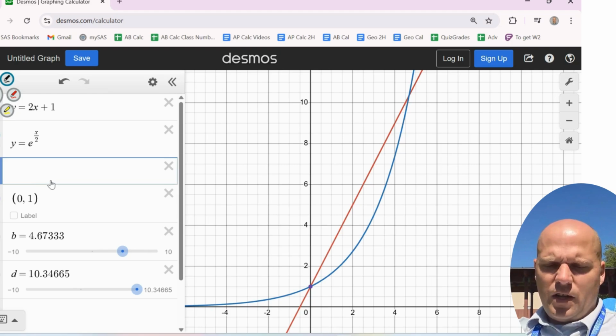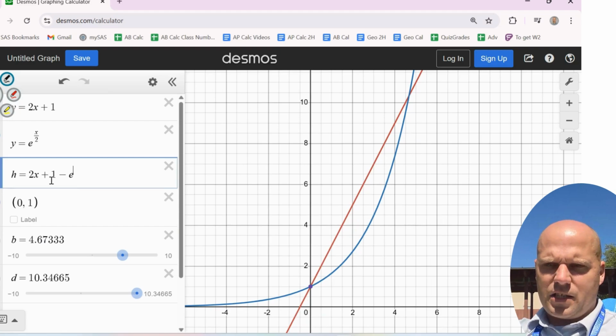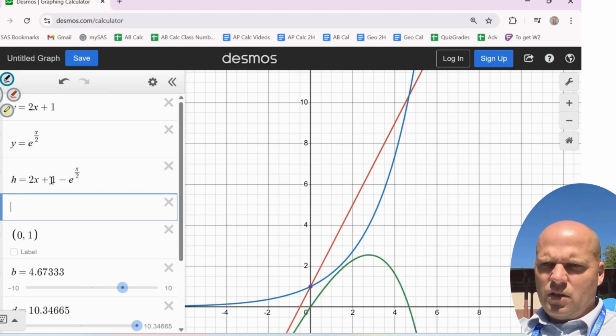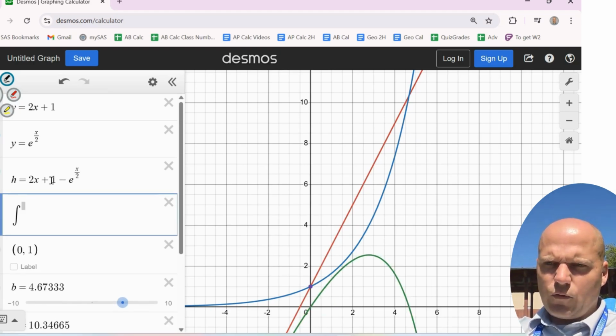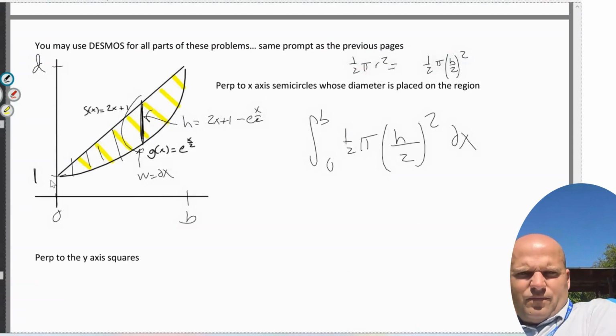So I have an integral of h, where h is 2x plus 1 minus e to the x over 2, integral from 0 to b, of 1/2 pi h over 2 squared. 6.215.